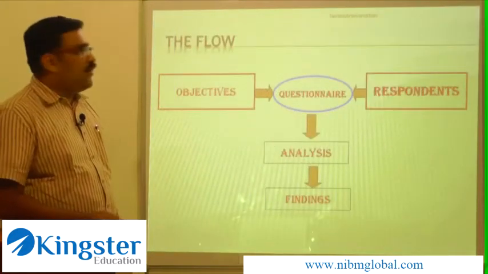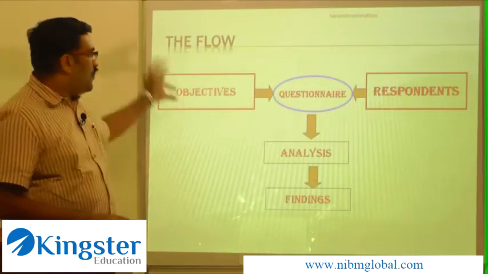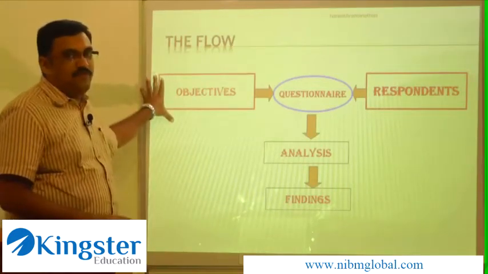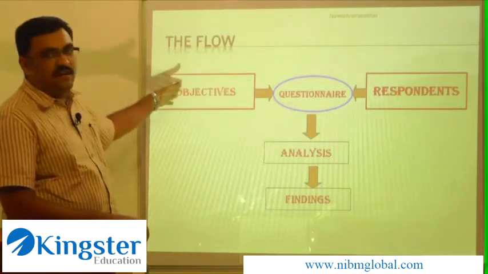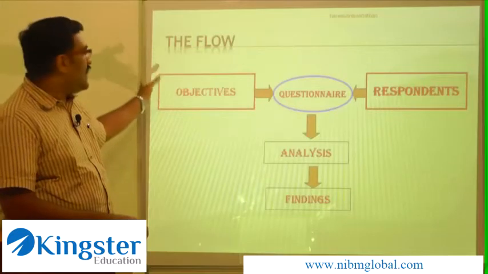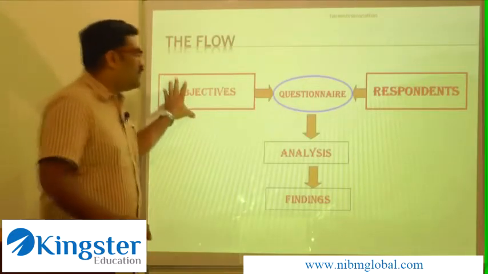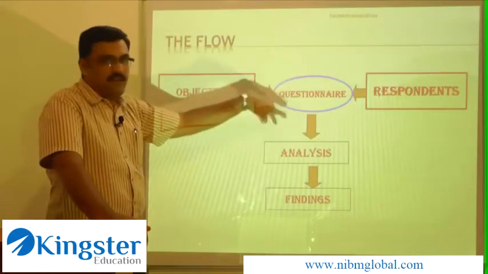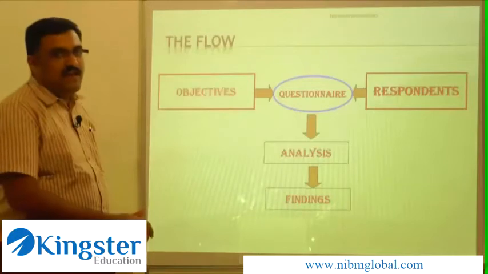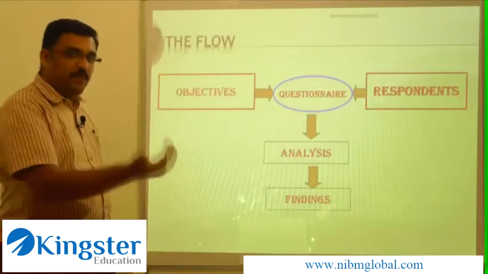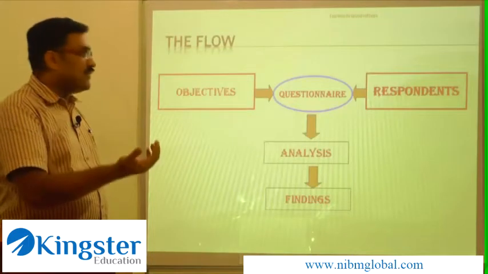So now what exactly is the flow? This flow chart will be explaining about that. These are the objectives we have formulated. Here, in a box on your left hand side, research problem, then objectives will be coming. So based on the objectives we will be formulating the questionnaire. This questionnaire will be given to the respondents, and respondents will give responses to the questions you are asking them.